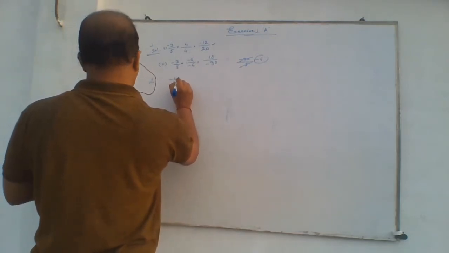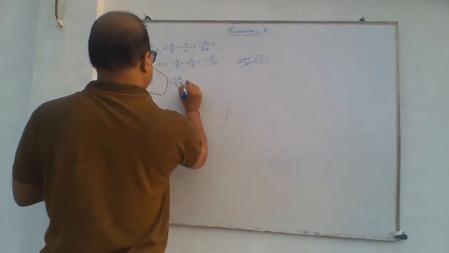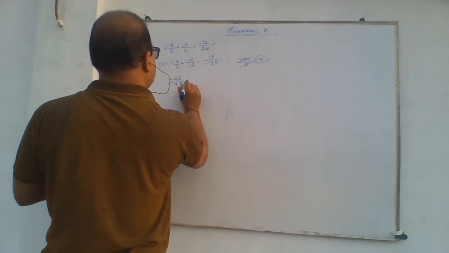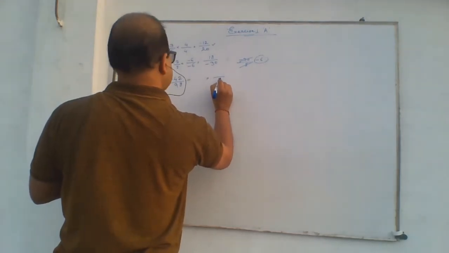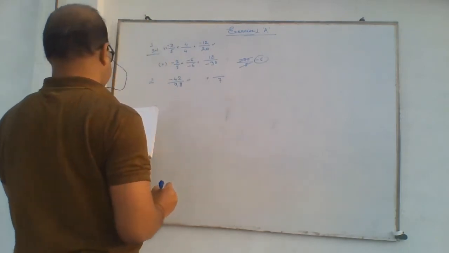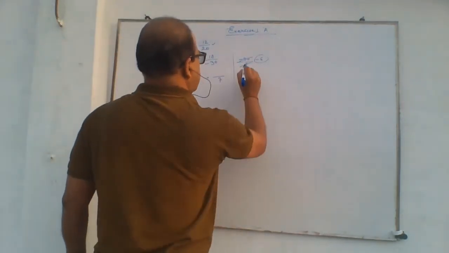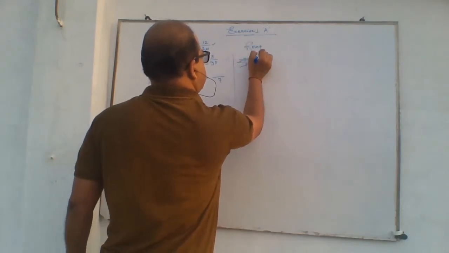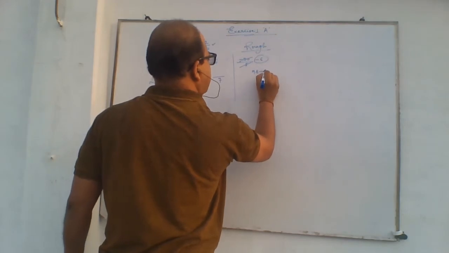Minus 42 by 98. Here the denominator is 7. Again we will do 98 divided by 7.